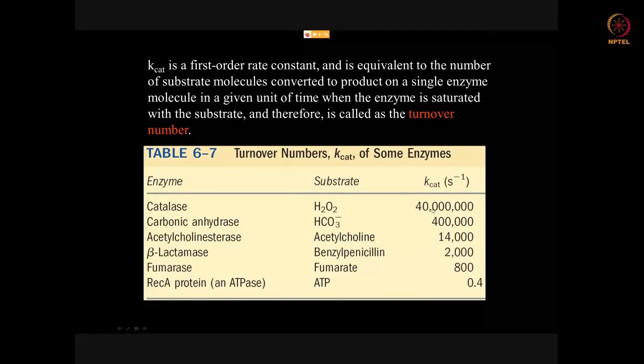This one acts at a rate of 40 million hydrogen peroxide molecules per enzyme molecule. Okay, that's what you need to remember. One enzyme molecule converts 40 million H2O2 into products per second. So that is one of the highest turnover numbers known.